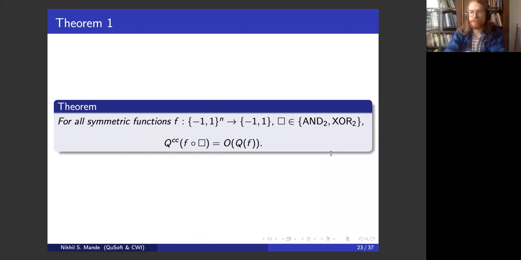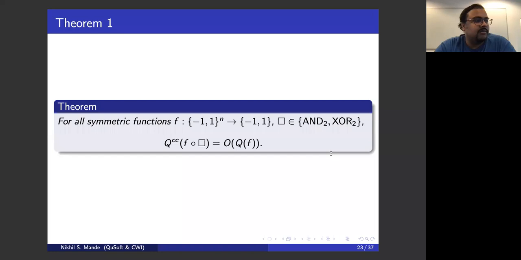So maybe one question. Could you also have functions where, for instance, you take the OR of the first 2 bits and then the AND of the second 2 bits and then maybe the OR again, etc., and then compute the composition of that with some function f? I'm not sure I quite understood what your function was.